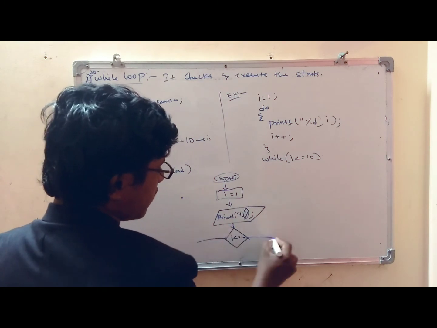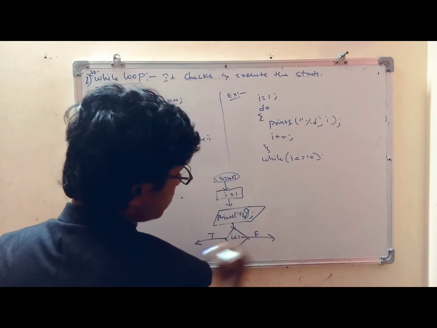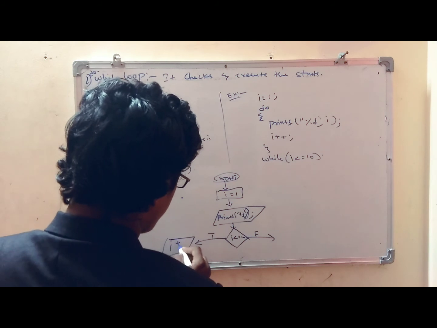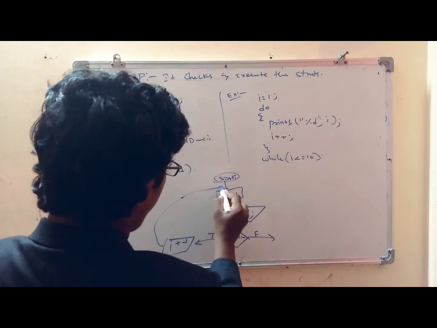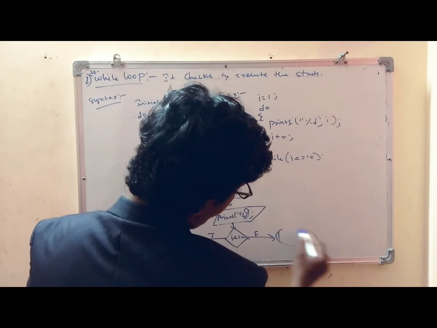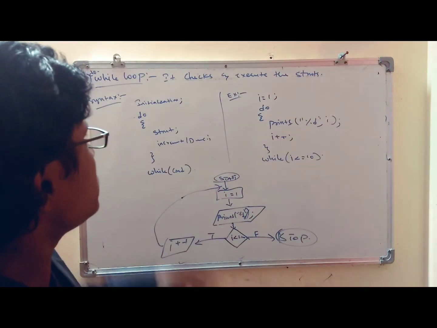Okay, it will ask two statements, true or false. So if it is true, it will go to increment i++, and it will go to here, and otherwise it will go to stop. Okay, this is the flowchart for this do while loop.